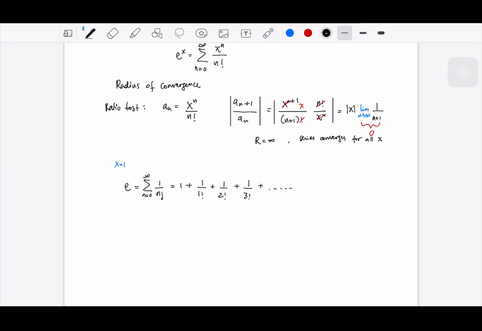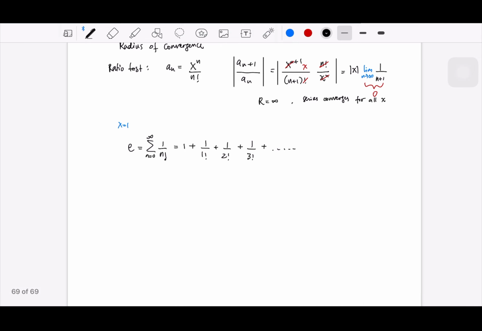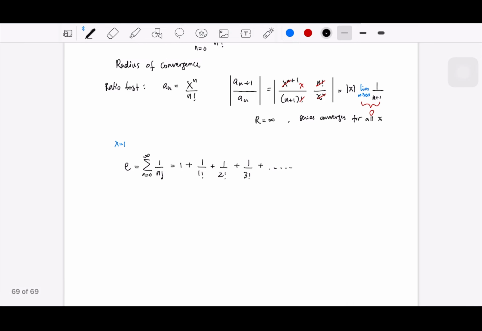We will get back to e maybe next Thursday, but let me just show you another function that appears often.